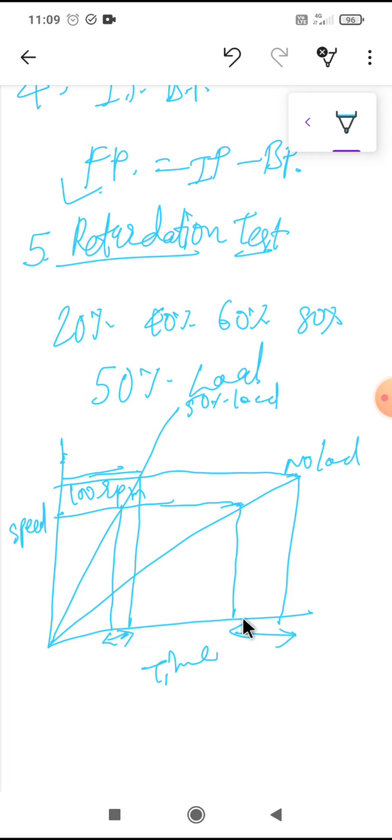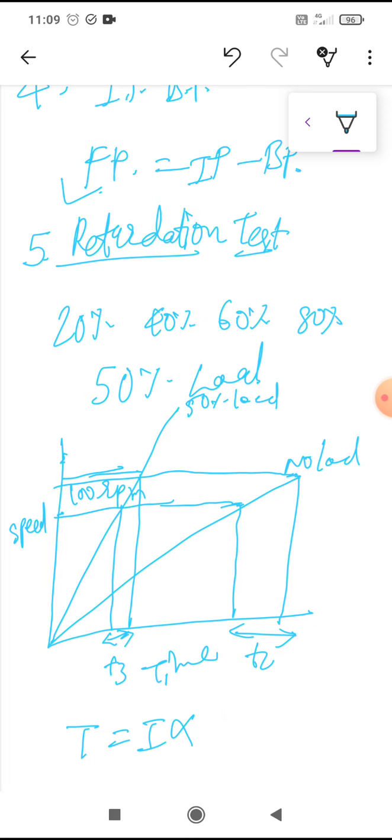We will plot these as T2 and T3, the times at no load and 50% load. The frictional torque, and hence frictional power, will be calculated with the formula: torque T is equal to I alpha, where I is the moment of inertia and alpha is the angular acceleration.